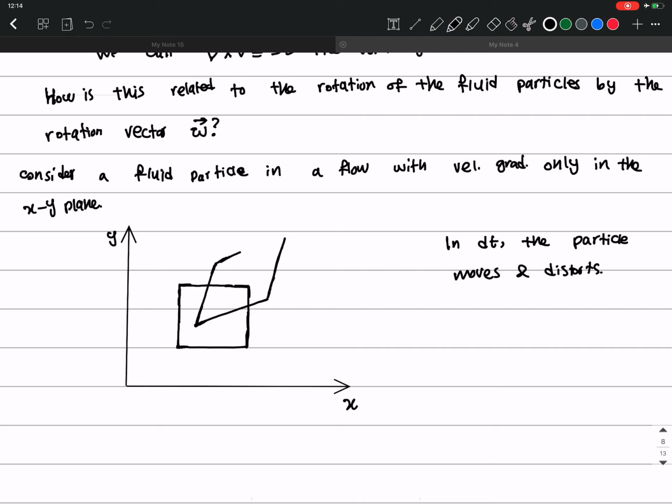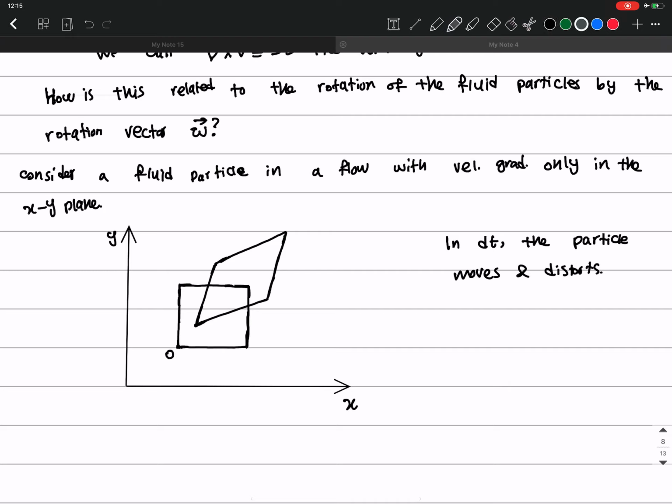After dt, it can be rotated and moved and converted to something like this. Let's see this corner, we call this O.